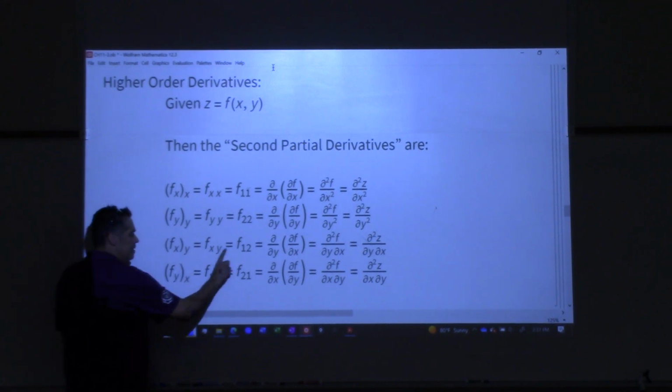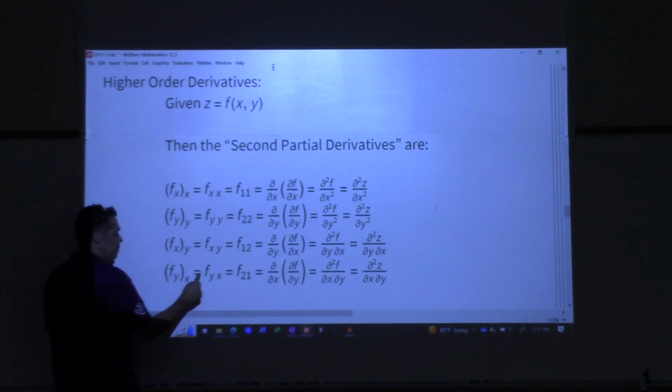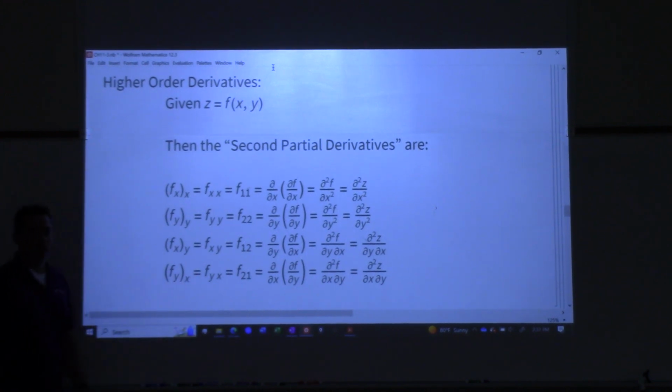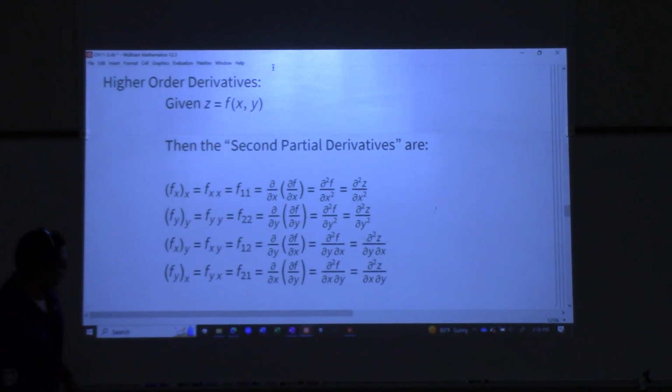So the way you read this is you're doing derivatives from left to right. So I do that partial with respect to x first, then the partial with respect to y. If I want it the other way around, I'll do the partial with respect to y first, then the partial with respect to x. As you might suspect, this extends into third partial derivatives, fourth, fifth, right?